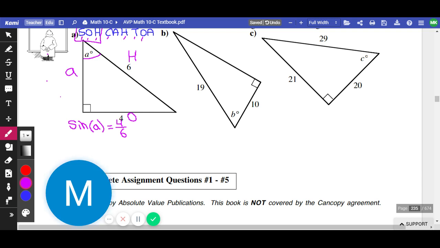Your goal is to figure out the angle. That means get the angle by itself. To solve for an angle, you hit second sine, which brings up inverse sine, sine to the power of negative 1. And then the fraction switches spots and goes into the brackets, like that.